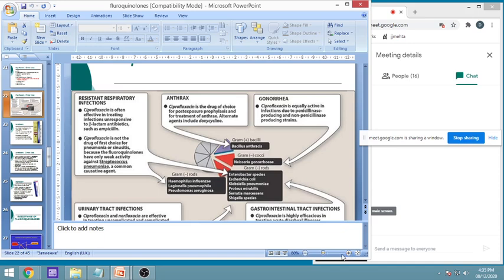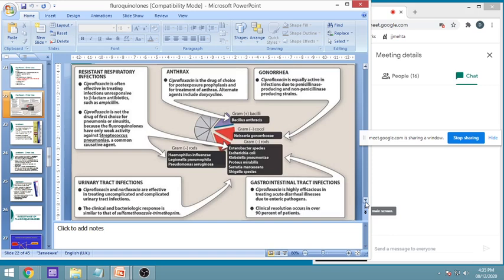Then importantly, they are active against various species like Enterobacter species, Escherichia coli, Klebsiella, Proteus, Serratia marcescens, Shigella species, which are responsible for various kinds of infections.